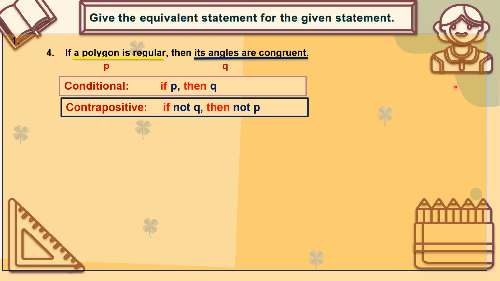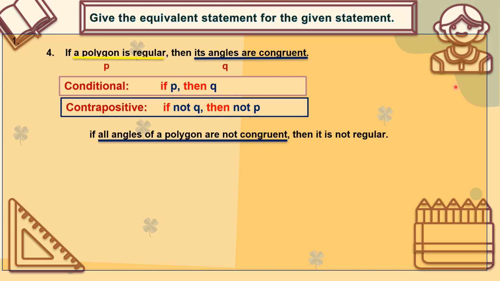So, magiging statement natin ay, if all angles of a polygon are not congruent, then it is not regular. So, ang ating not Q or yung ating conclusion ay all angles of a polygon are not congruent. At ang atin naman pong hypothesis or yung not P ay it is not regular.